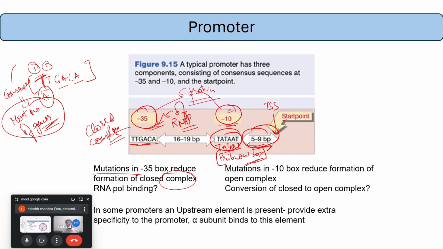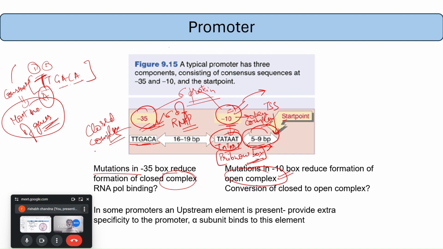The open complex that is formed starts from the minus 10 position. If there are any mutations in the minus 10 position, this results in a problem in formation of the open complex. So the closed complex is regulated by the minus 35 position, and the minus 10 box helps in the formation of the open complex.